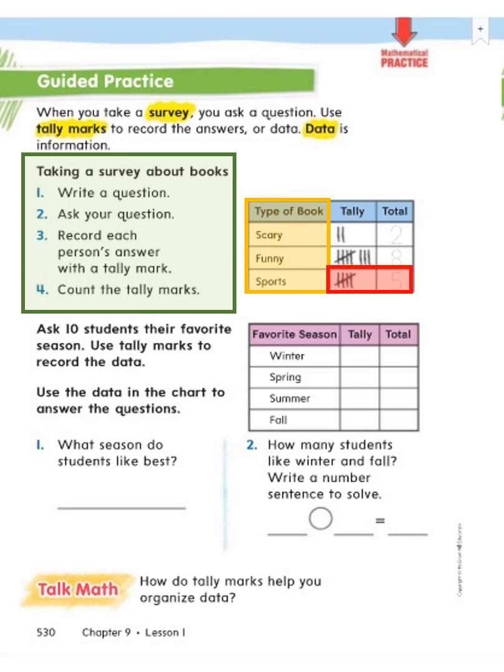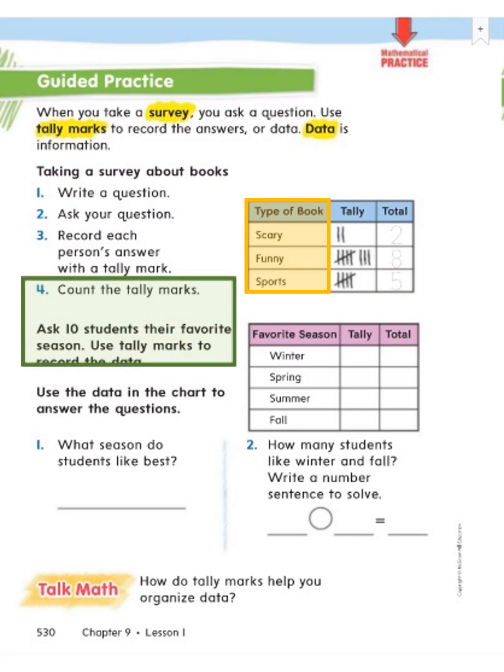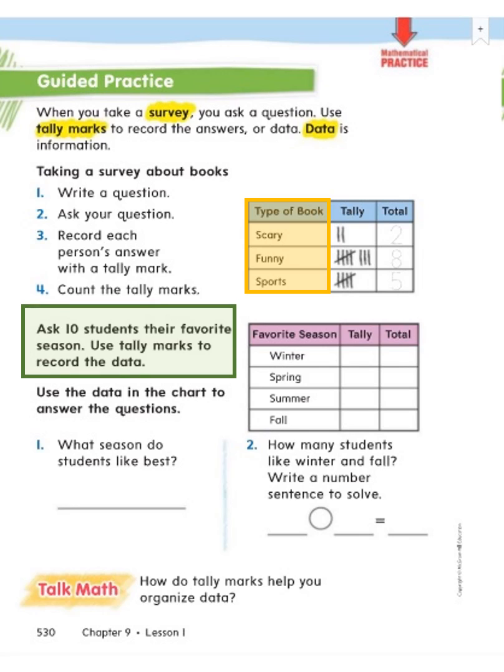Now, this next part says ask 10 students their favorite season. Use tally marks to record the data. We're going to be doing a lot of this. Now, if you want to stop and try it with your family, friends, or neighbors, great. If not, you can just sit here and follow along with me and we'll do it together.